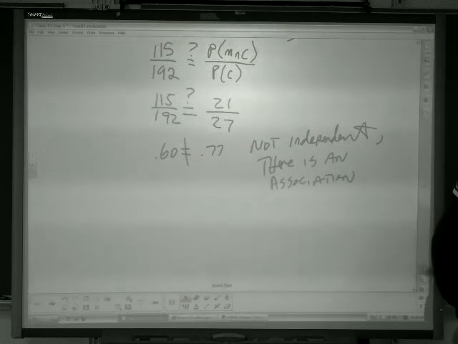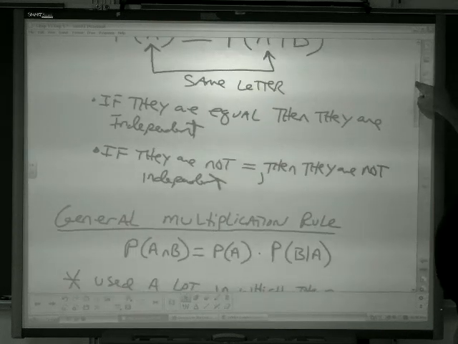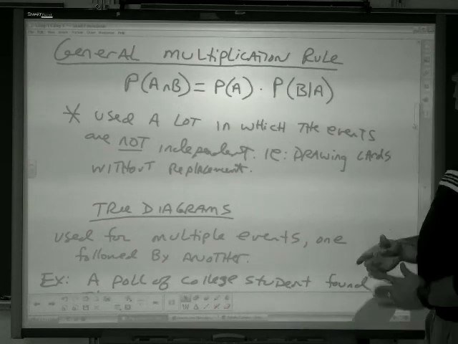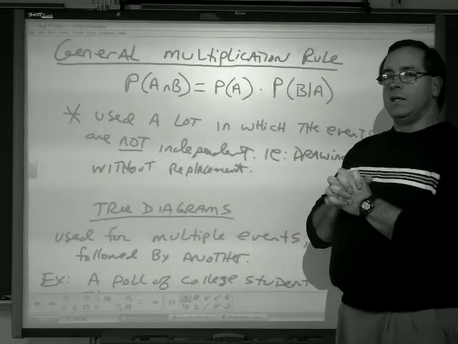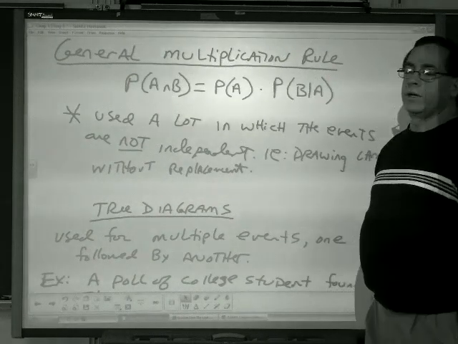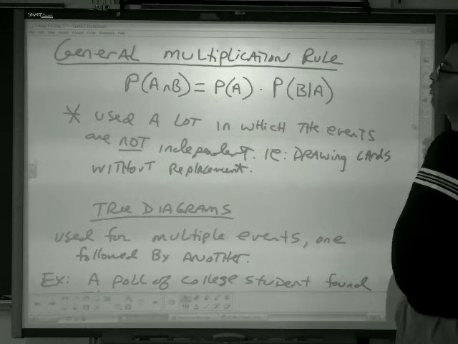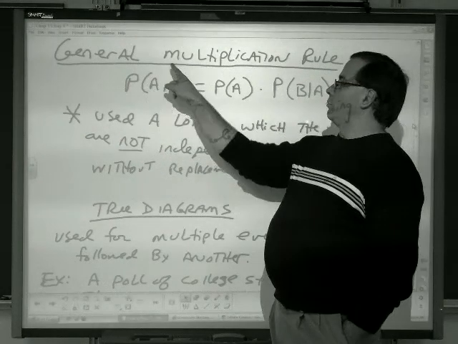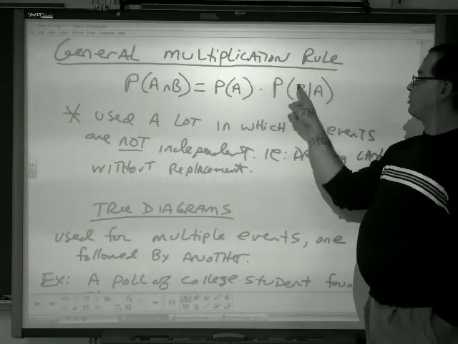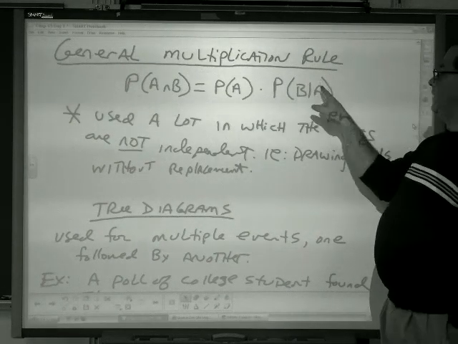So, last piece now with this chapter. Chapter 14, we did a multiplication rule for independent events. Now we're talking about a general multiplication rule. And the reason why it's a general rule is, again, the probability of A and B happening is the probability of A times the probability of B given that A happens.